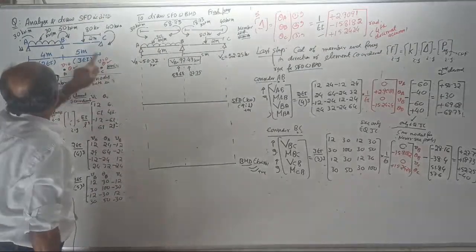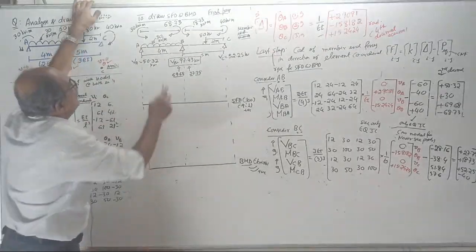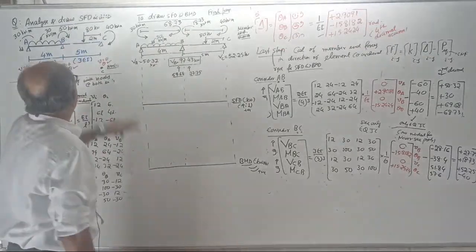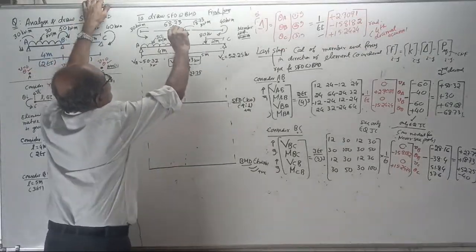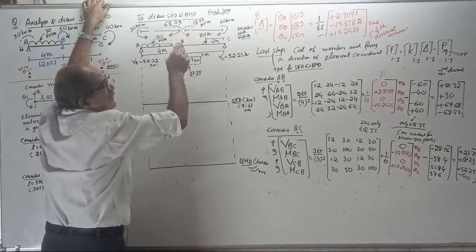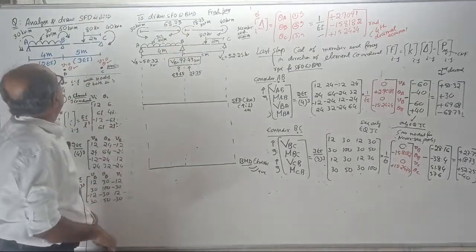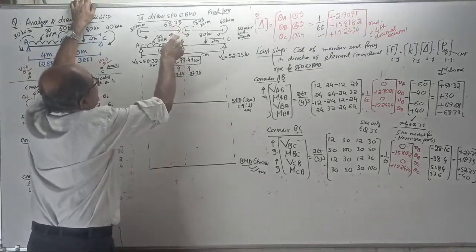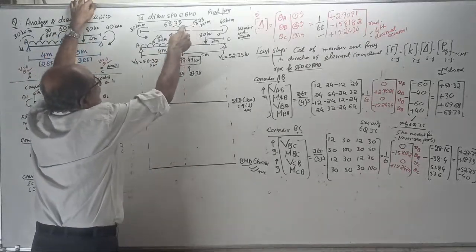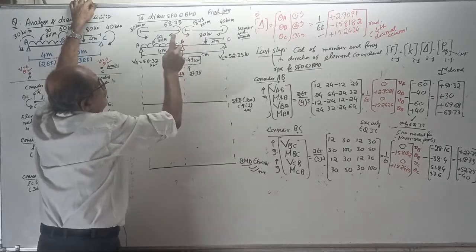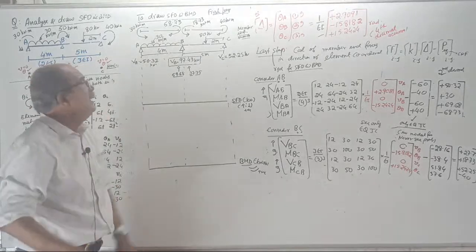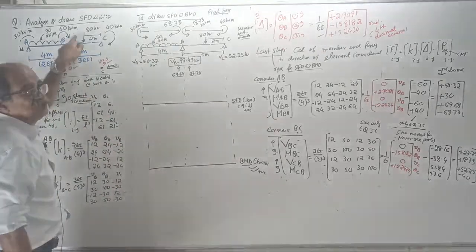And if this couple is not given, these two will be equal and opposite. Because of the couple, this moment and this moment, net should equal this 50. Clockwise 68.73, anti-clockwise 18.73 means the net moment is clockwise 50. It correctly tallies here. Okay.